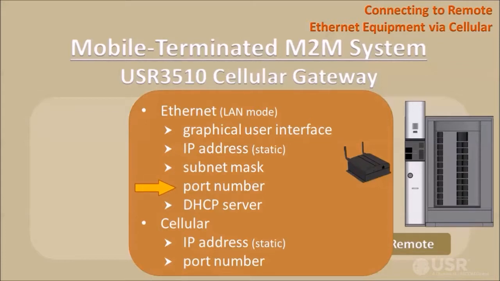And its Ethernet protocols do include a DHCP server. The cellular service provider must provision the gateway's cellular interface with a static IP address, and the gateway will be configured to listen for connections at a user-defined port number.